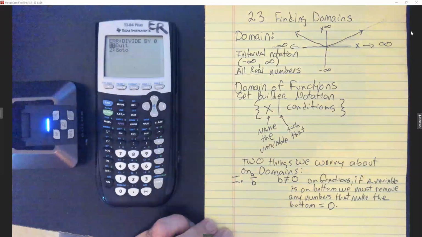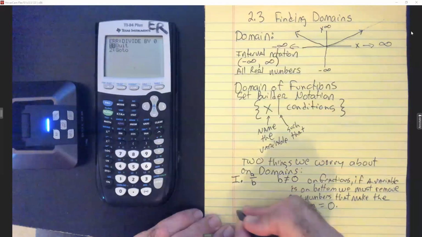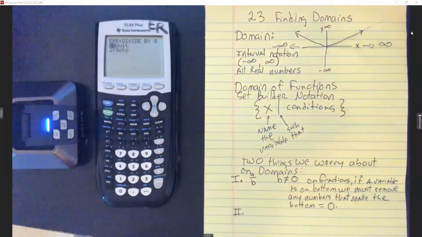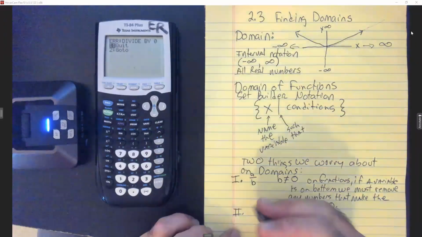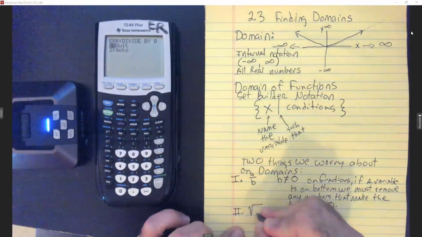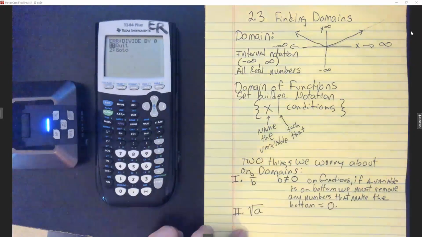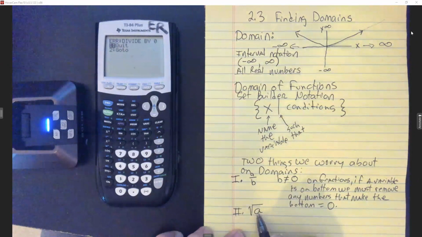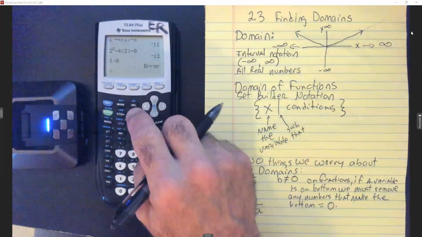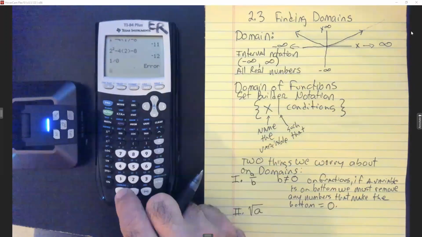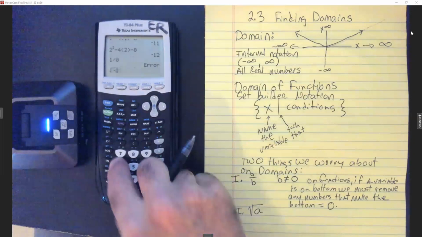Now, the second thing you're worried about, we're not going to see in this section, but we will later on, is a radical. Because on a radical, this number cannot be less than 0. So let me show you. If you had a radical, second, where's my radical? X squared, and you put in a negative number, you can't do it.